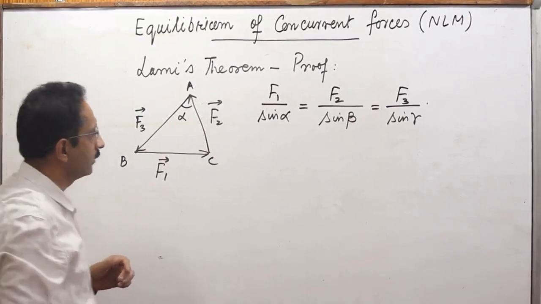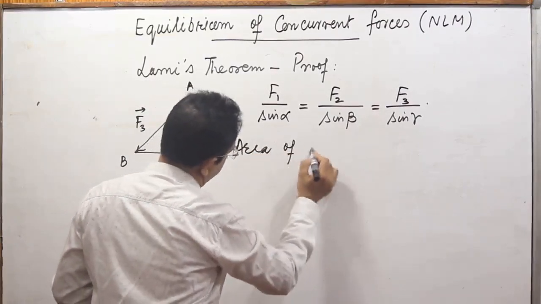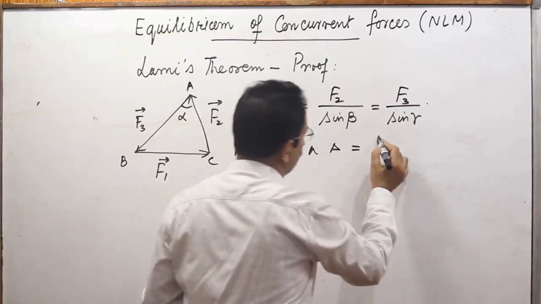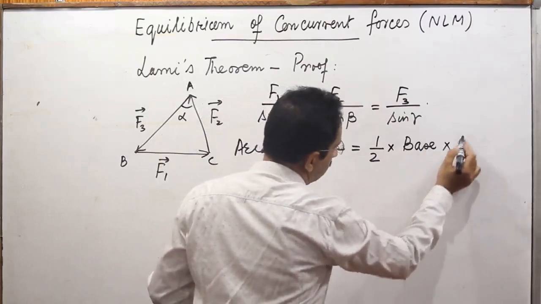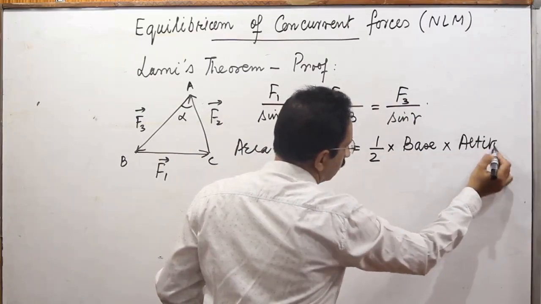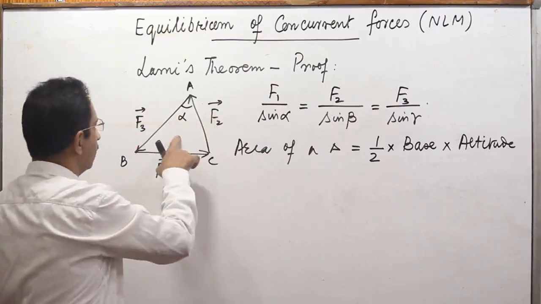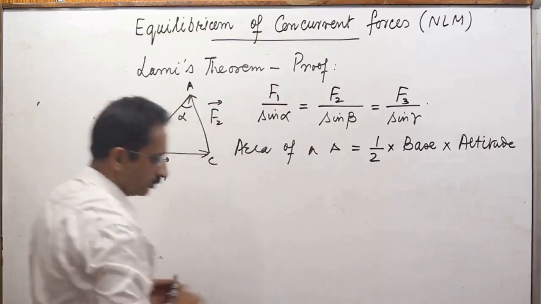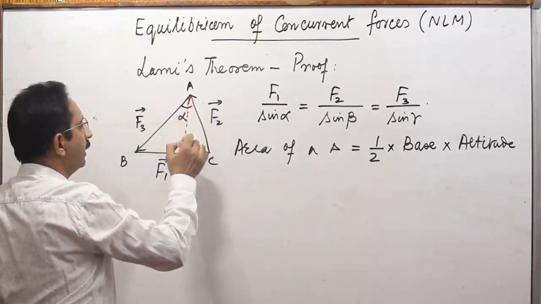Now the moment I talk about area of a triangle, ये आपको याद है कि area of a triangle is equal to 1 by 2 into base into altitude. Altitude को height भी कहते हैं. Now let me take the area of this triangle by drawing an altitude. So drop a perpendicular from A, point A on BC.